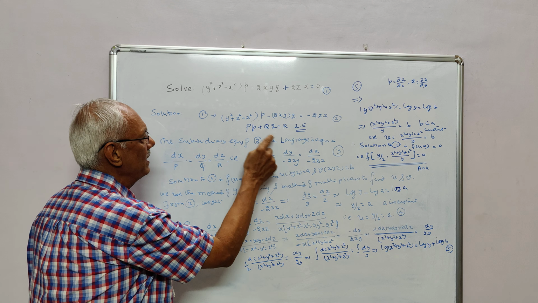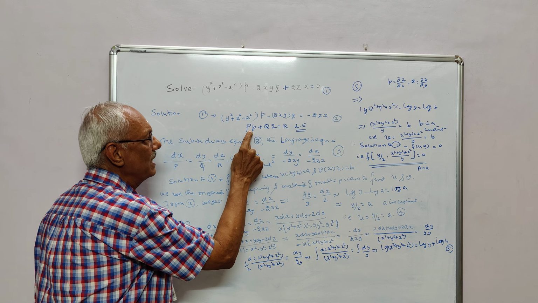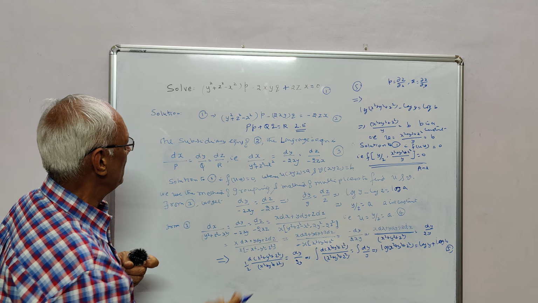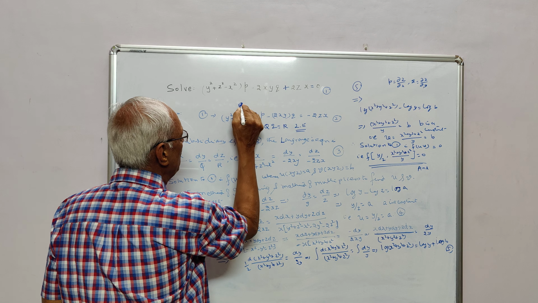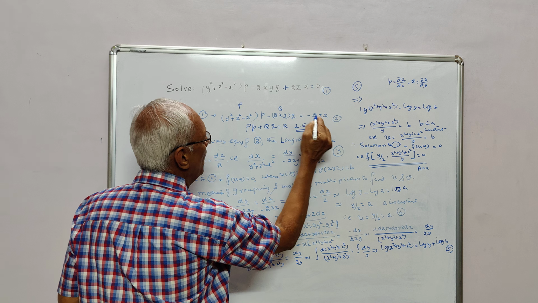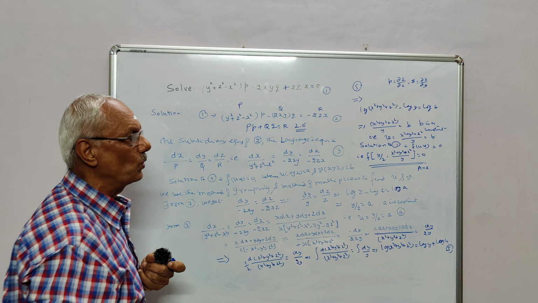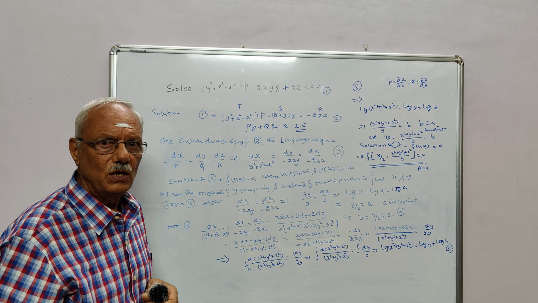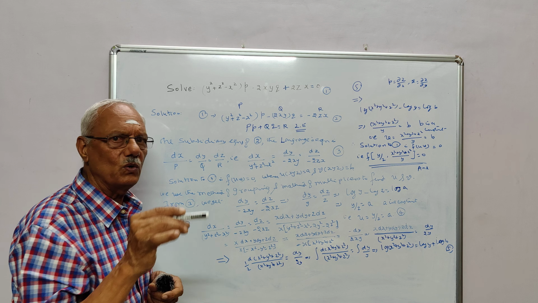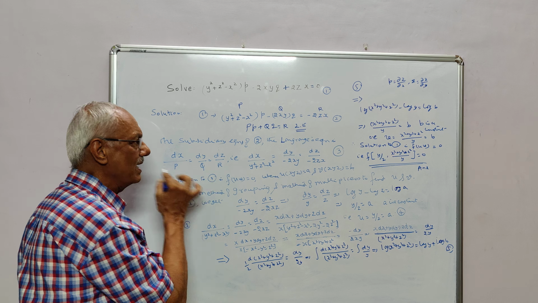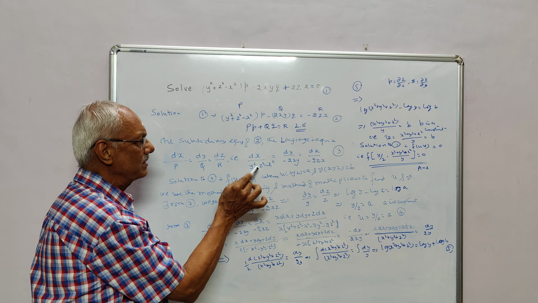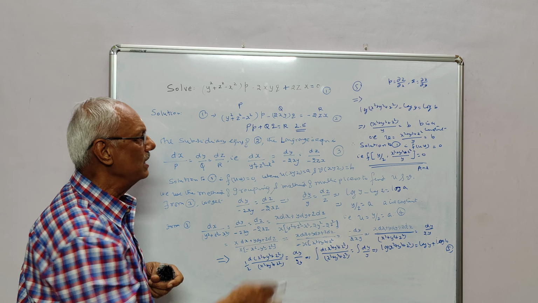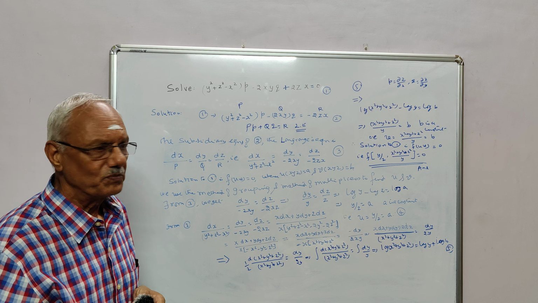I identify this Lagrange's equation with the given problem. You find that this is our P, this is our Q, and this is our R. So I am able to identify, comparing with the Lagrange's equation, what is capital P, capital Q and capital R, and therefore I can write the subsidiary equation as dx by y squared plus z squared minus x squared is equal to dy by minus 2xy is equal to dz by minus 2zx.